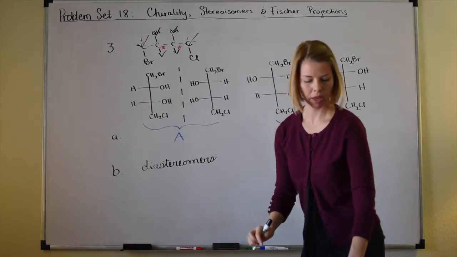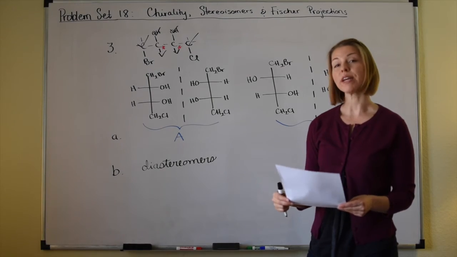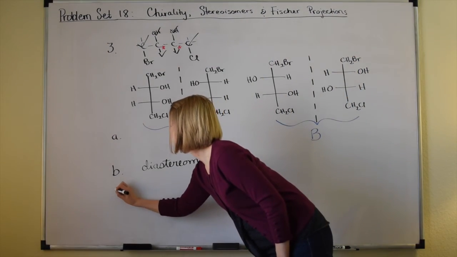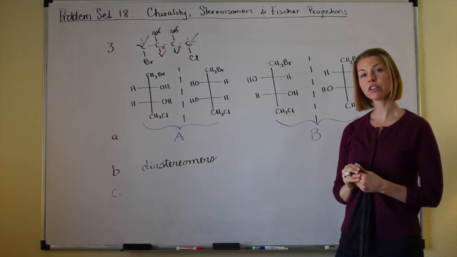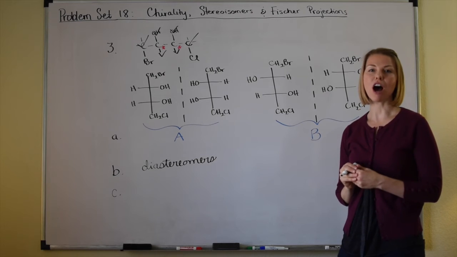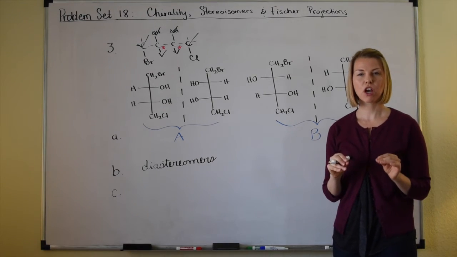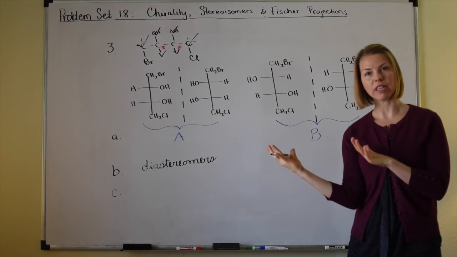Okay. And last but not least, part C. Which of the above will be optically active? Because they are all chiral, they will all be optically active. Remember that chiral molecules will interact with light and cause it to be rotated.